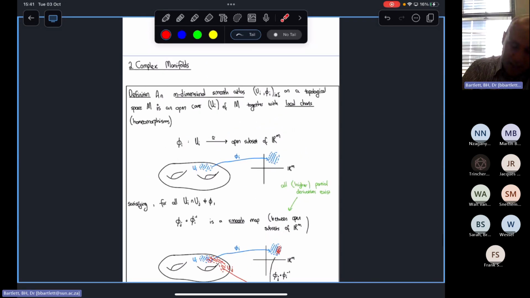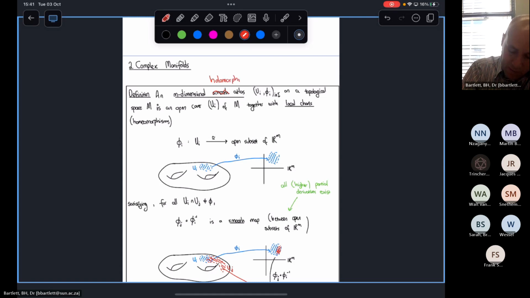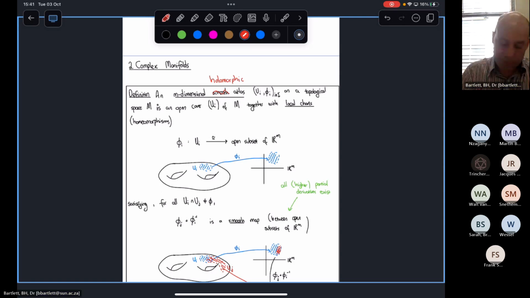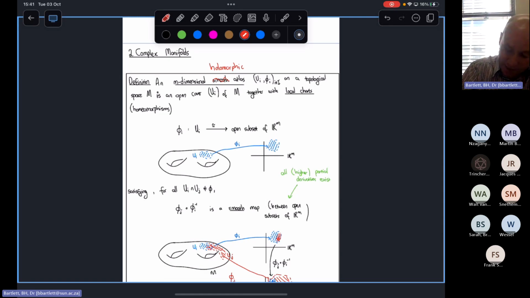So now I'm going to change this to, let's call it, a holomorphic atlas. Again, it's going to be an open cover together with these homeomorphisms. And now instead of Rm, I'm going to have Cm.